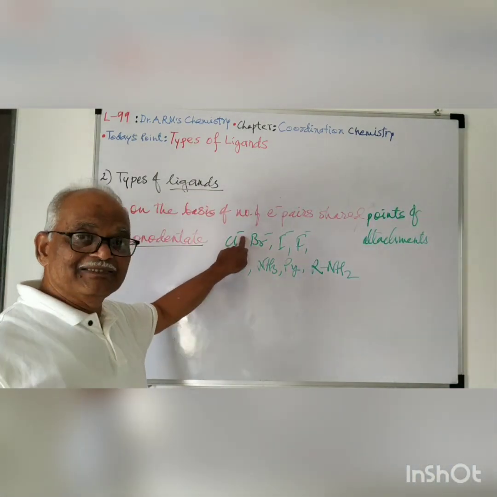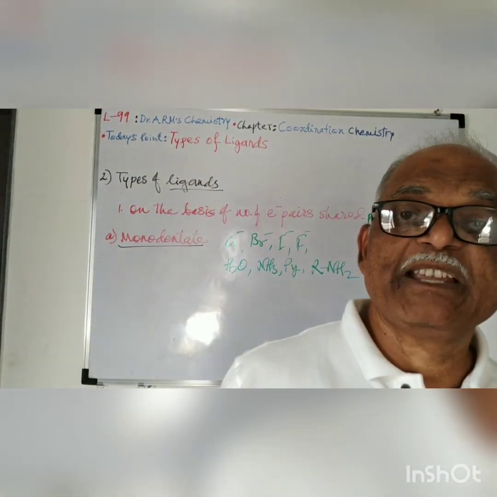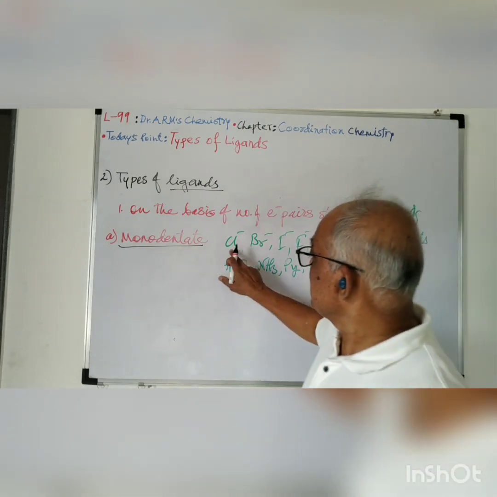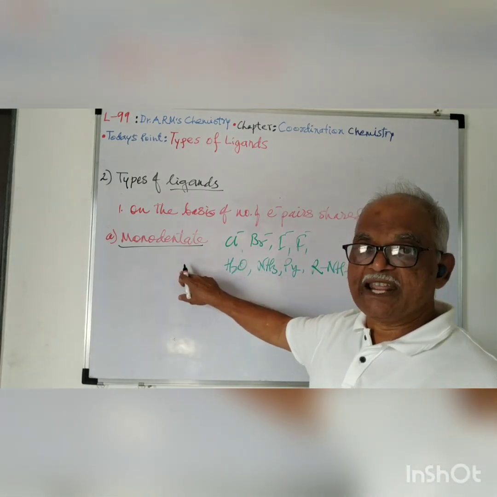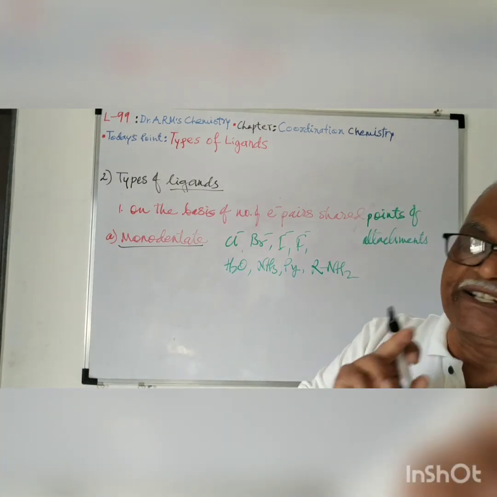Because of this only one electron pair, their point of attachment is only one, meaning this ligand can form bonding with the metal ion at only one point.